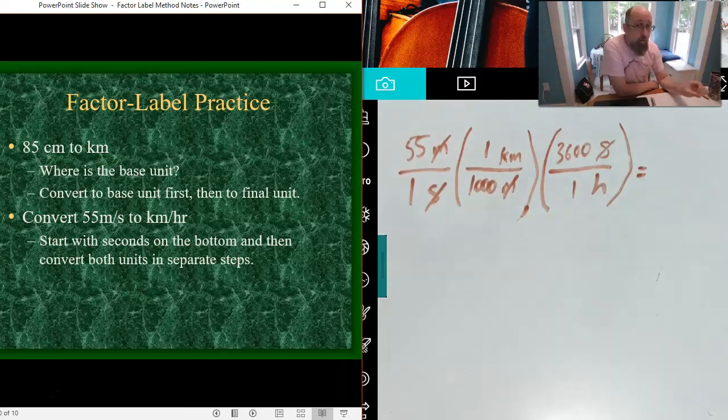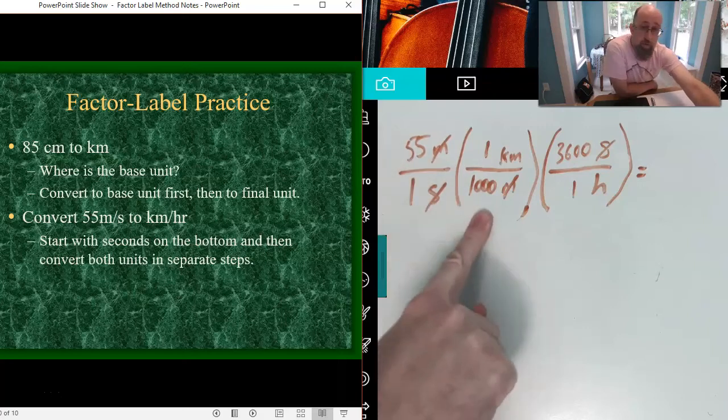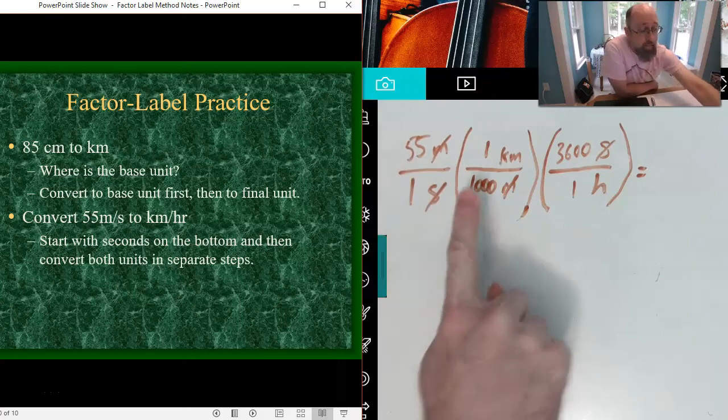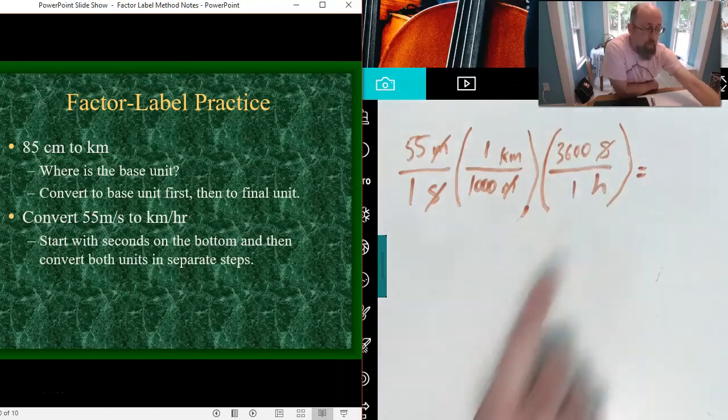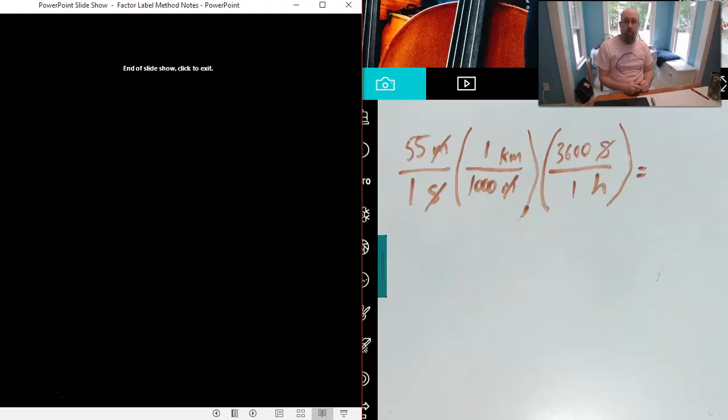You don't have to do them in order, but I typically do. And I always do one step at a time, and I always hit enter or equals in my calculator after each step, so after each parentheses that I do. So it'd be 55 divided by 1,000 equals, and then take that answer and multiply by 3,600 to get the final result there. So that's what we've got in terms of an introduction to factor label.